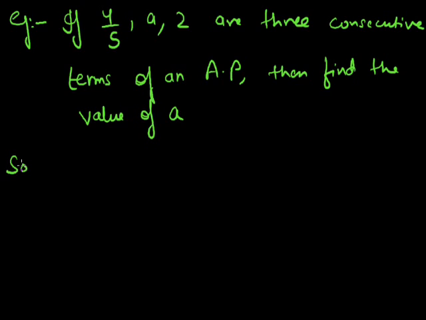So as you can see in this question, three terms of an AP are given, and we have to find the value of a, which is actually the middle term of the AP.